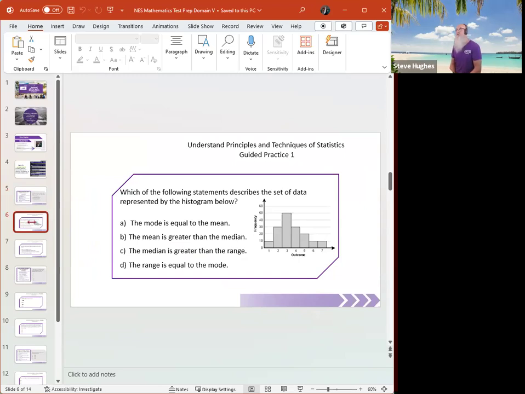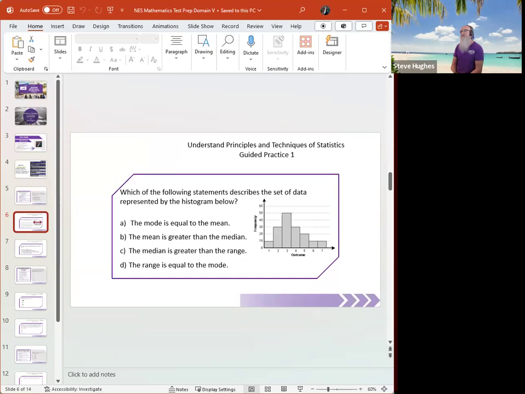So this says the mode is equal to the mean is greater than the median is greater than the range, or I'm sorry, the range is equal to the mode. Well, we're not talking about range at all, right? That's not the question. We want to know the measures of center, mean, median, and mode. That's what we're comparing here.